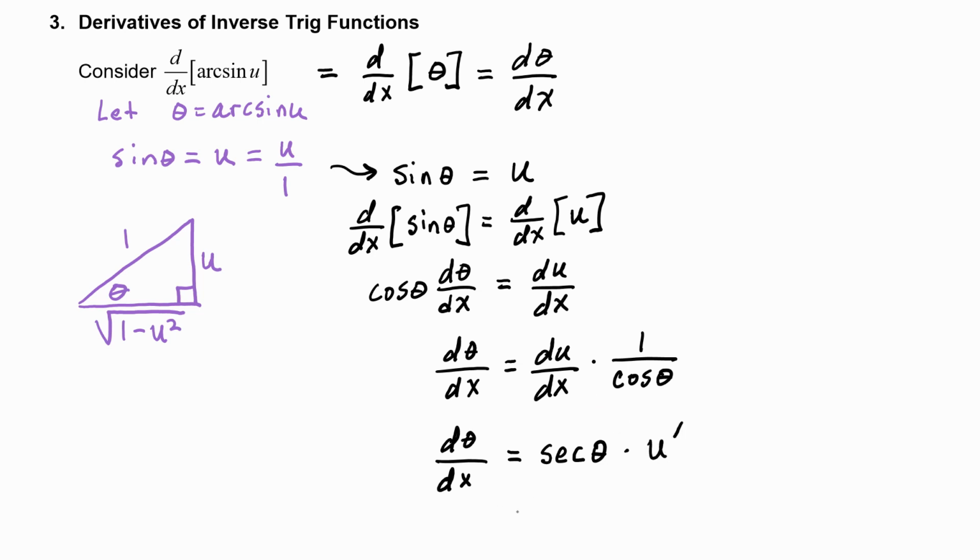Now if we look at our diagram and get secant of theta from the diagram, we know secant theta is hypotenuse divided by the adjacent leg, so that's 1 over the square root of 1 minus u squared, and then we have times u prime. And remember who d theta dx was. D theta dx is just equal to the derivative with respect to x of arcsine of u.